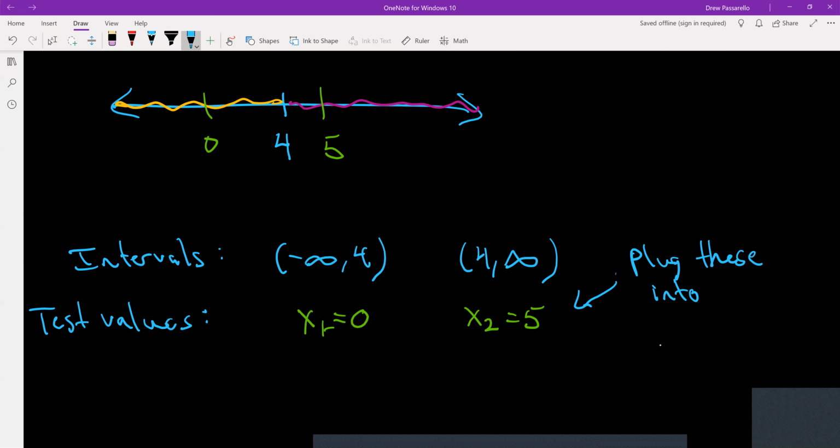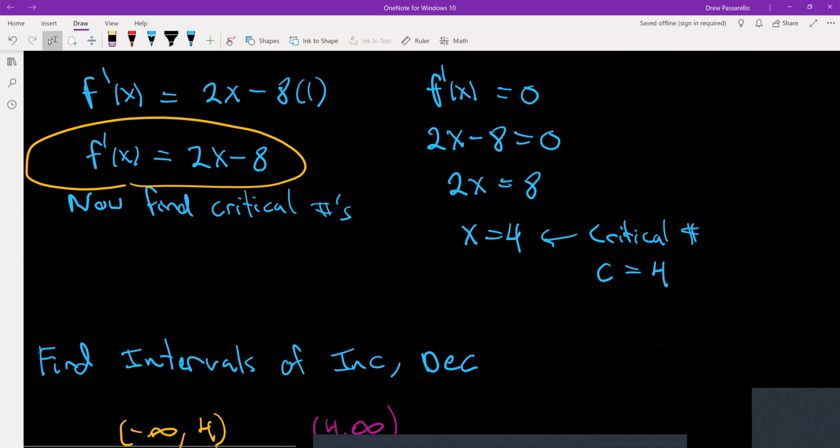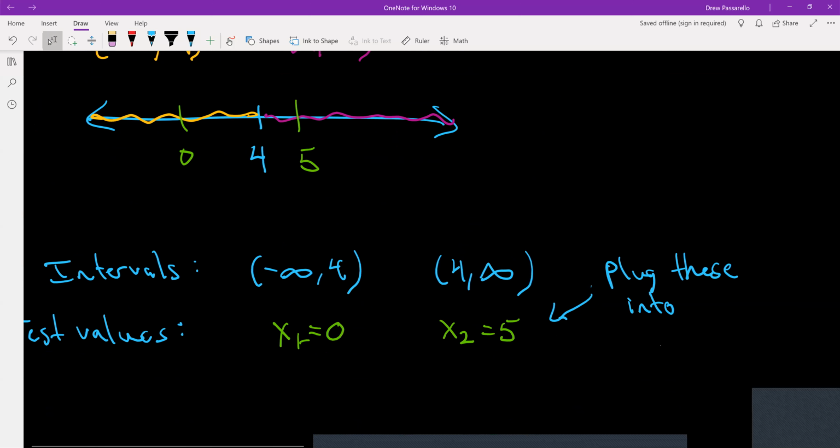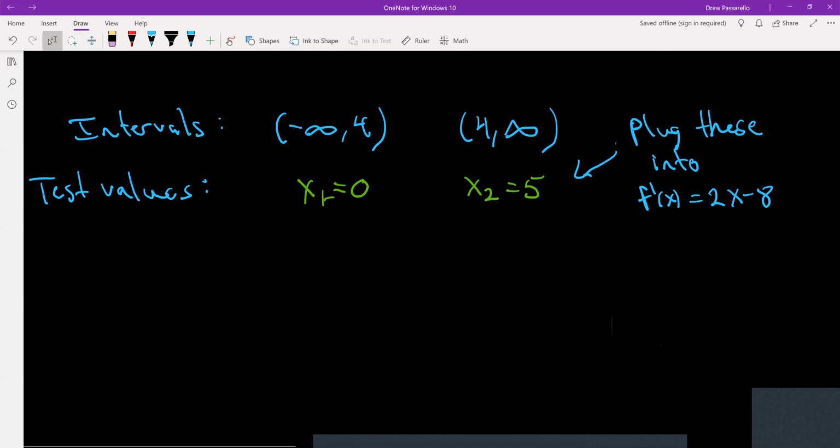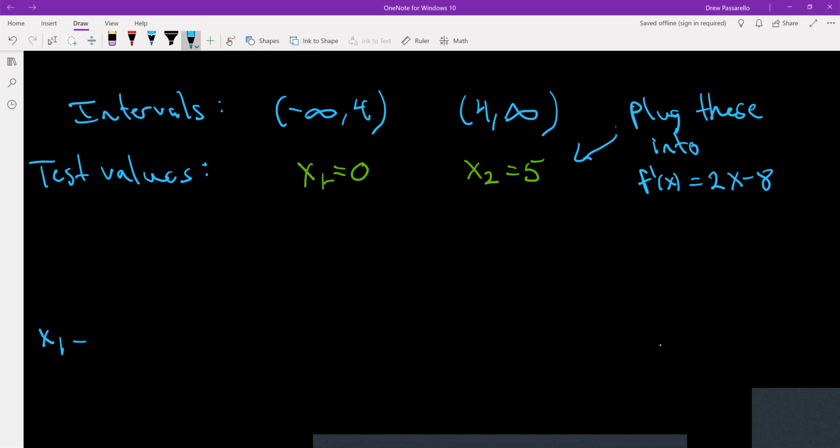The derivative, I circled it, f prime of x is 2x minus 8. We only care if it's going to be positive or negative. The sign is what matters, not the actual value itself. So for 0, when you plug 0 into the derivative, that's 2 times 0 minus 8.